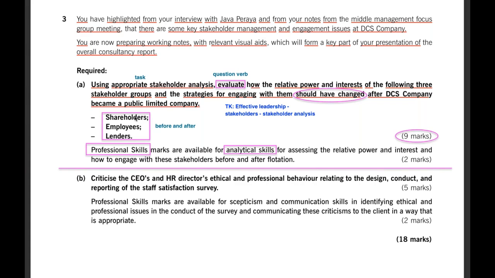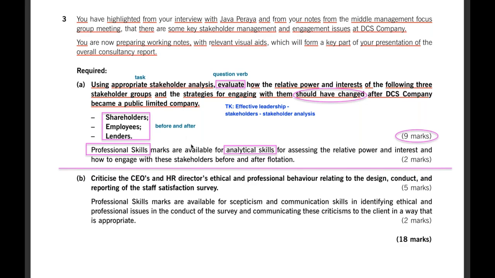Okay. So as long as you fulfill this requirement, before and after for each of these, and how the strategies for engaging with them change, you will be able to get 3 marks.